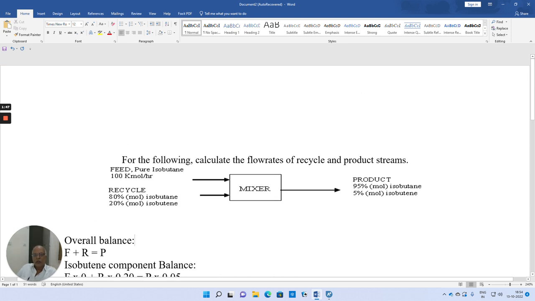Now before going into the simulation, you try to analyze this problem. We have already seen that the models that you are able to see in any process simulator like Aspen are capable of doing only rating calculations.